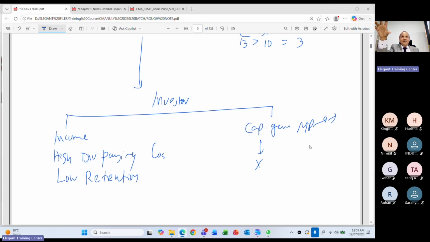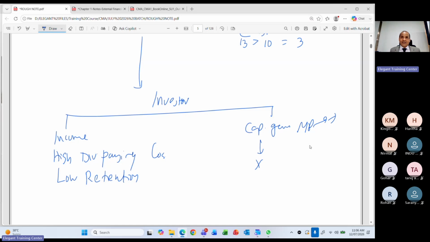Any company giving higher payout and low retention is a mature company with no further expansion scope. They don't have to retain, so most of the dividend they pay out.